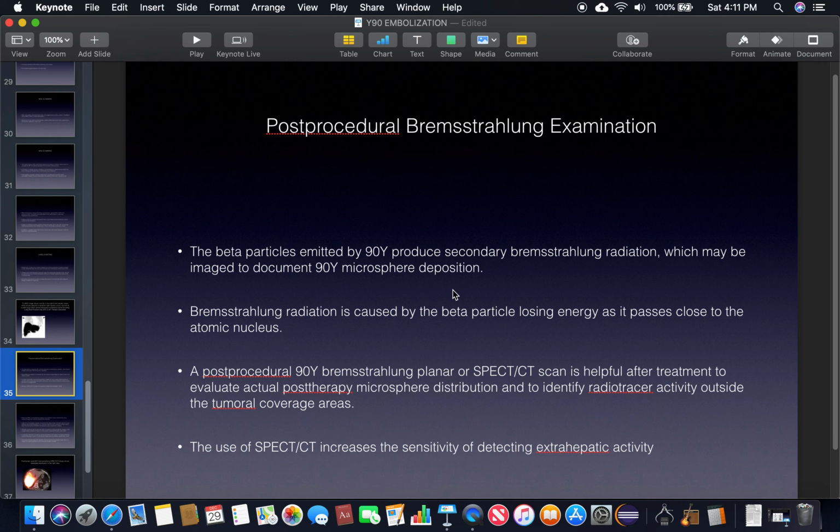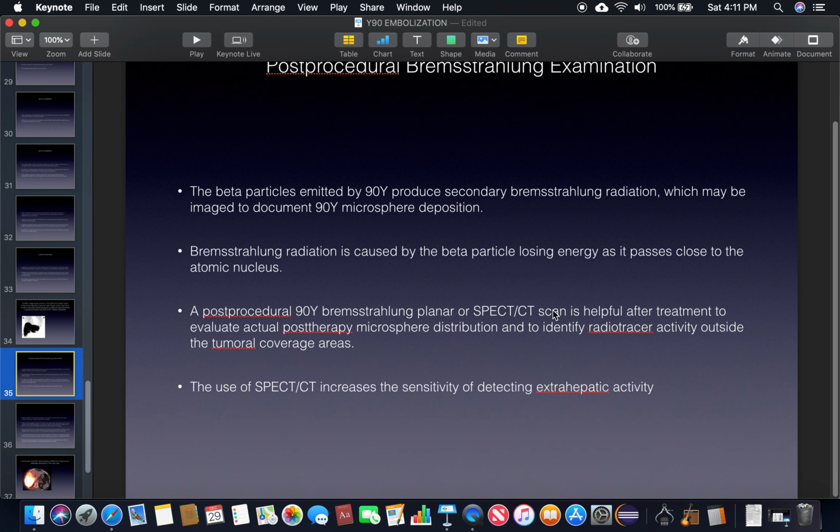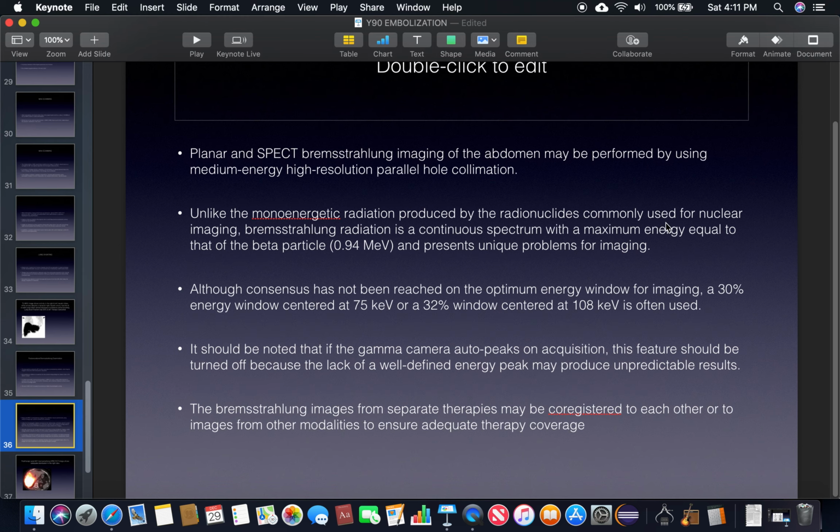In other words, the electrons are losing energy as they're passing close to the nucleus of the atom, and this imaging can be done as planar or SPECT CT, and can give us more details about the distribution of the microspheres, and obviously this can help us in detecting any extrahepatic activity. For Bremsstrahlung imaging, we can use medium energy, high resolution collimation, and the important thing is to document the distribution post therapy.